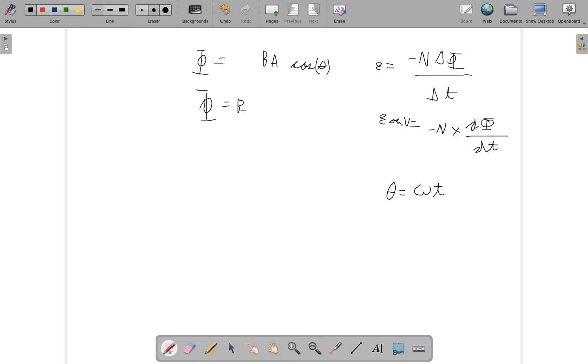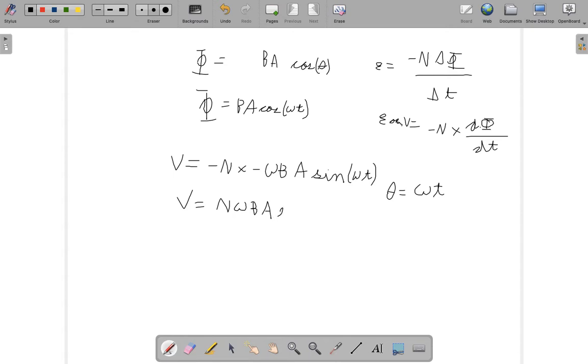We have flux equals BA cos of angular frequency times time, which means the voltage by an AC generator will be the number of coils times the derivative of this, which is minus omega magnetic field strength cross-sectional area sine of angular frequency times time, which simplifies to n times angular velocity times magnetic field strength times cross-sectional area times sine of omega t.